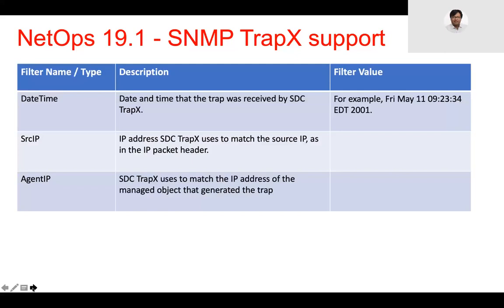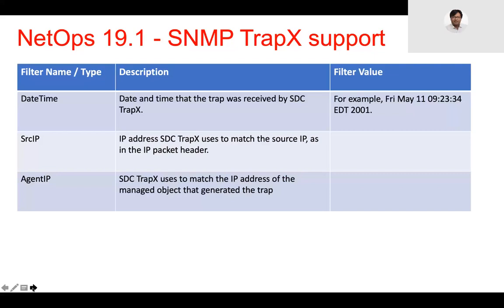Before I go into the demo, I want to talk about the filters that we are supporting in this TrapX. As we'll see in the actual script, this will become clearer. The typical filters are the date time, the source IP, the agent IP, and I'd encourage you to refer to our documentation, where we have provided a very detailed understanding of what filters we are supporting, the corresponding description, and the example filter values.